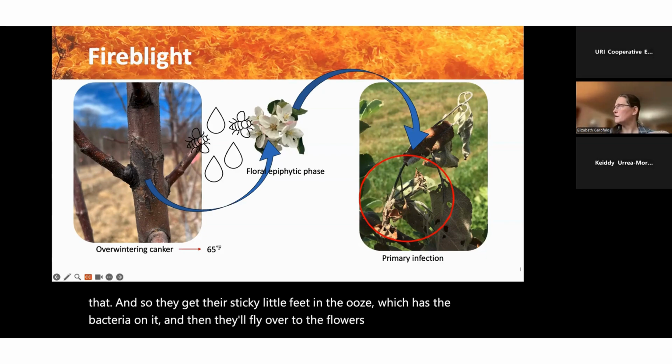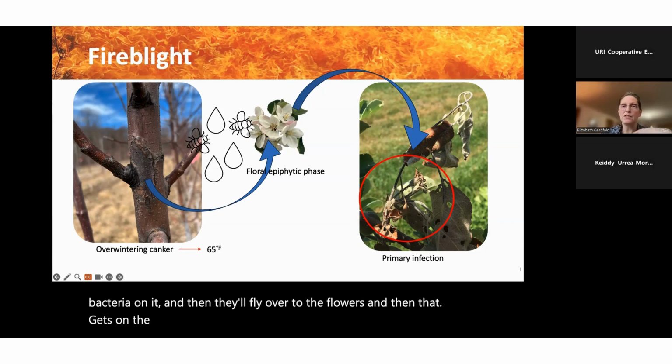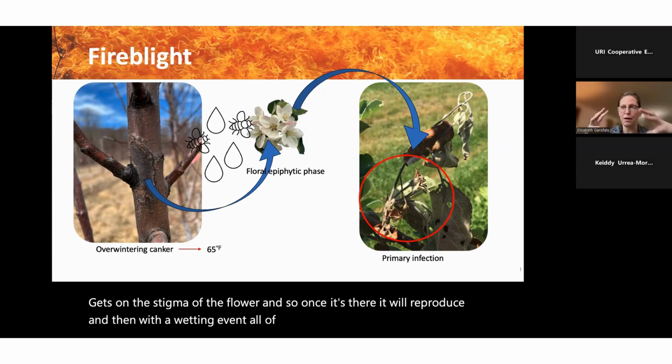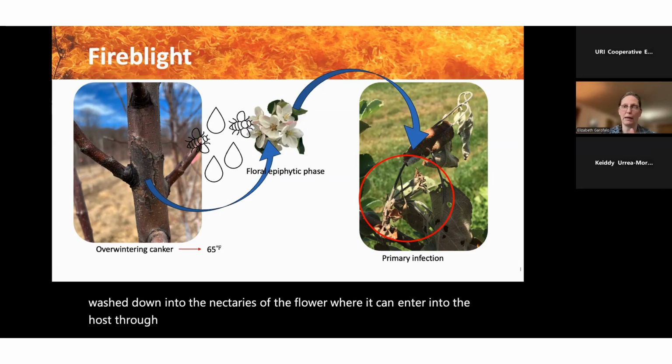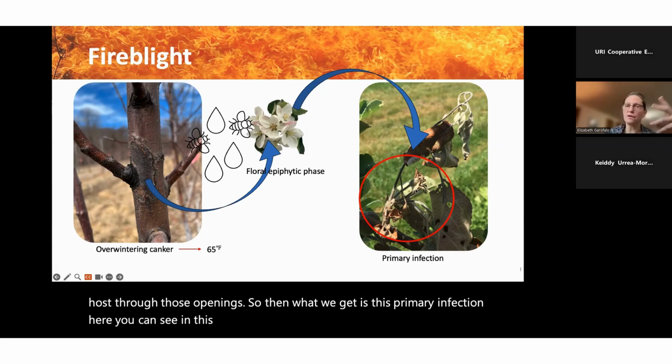Then that bacteria gets on the stigma of the flower. Once it's there, it will reproduce. And then with a wetting event, all of that bacterial population will get washed down into the nectaries of the flower, where it can enter into the host through those openings. So then what we get is this primary infection here. You can see in this red circle, there's a flower cluster that was infected.